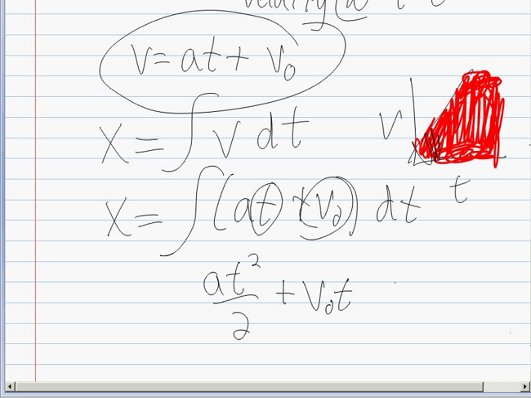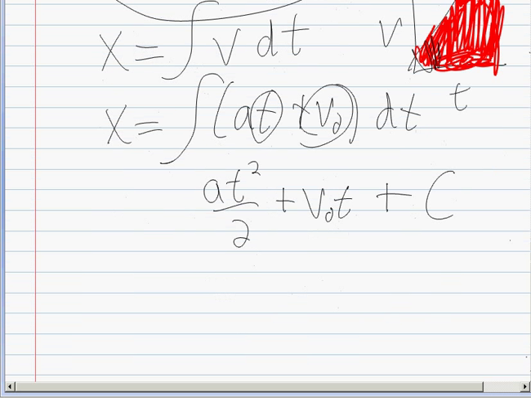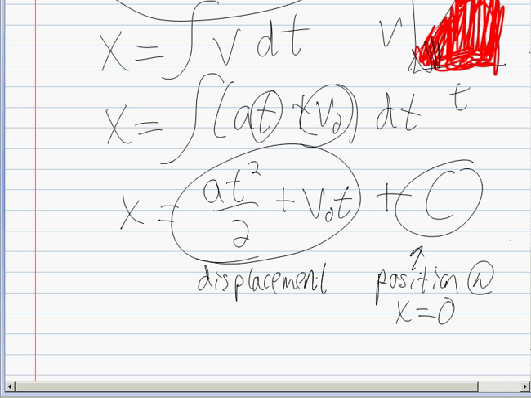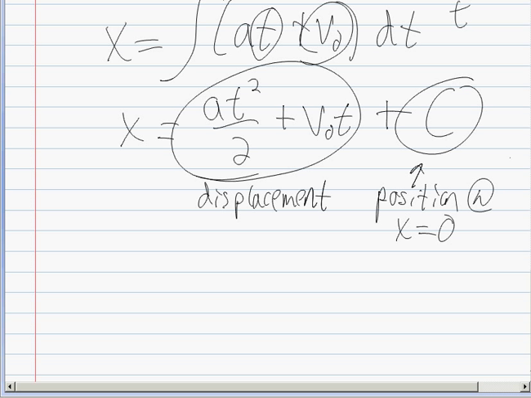And if you look, this is going to be the position at time equals 0. We can write it in the old standard way that we write these things. 1/2 at squared plus v0t plus x0 equals x. And that one, again, is one of the equations that we have listed.